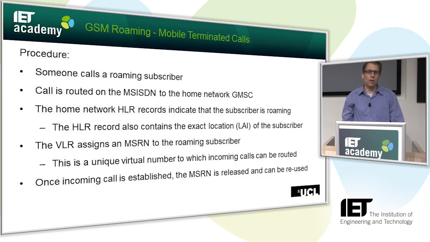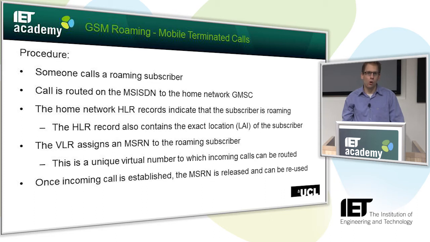In the case of incoming calls to a roaming mobile subscriber, in other words, mobile terminator calls during roaming, the process is as follows. The call is routed to the home network GMSC using the subscriber's MSISDN number. The home network HLR records show that the subscriber is currently roaming.